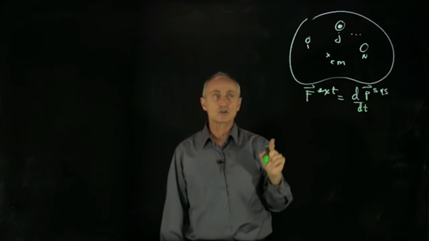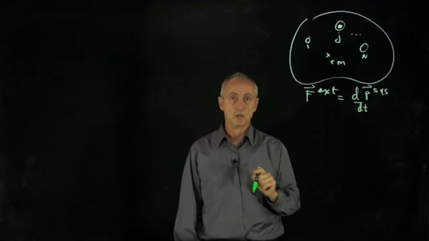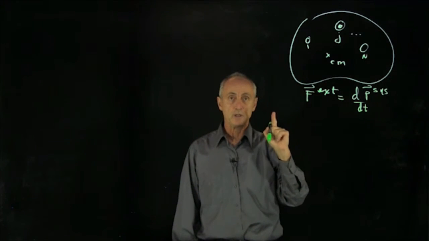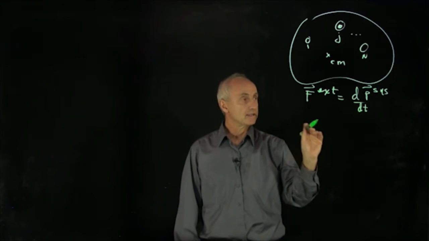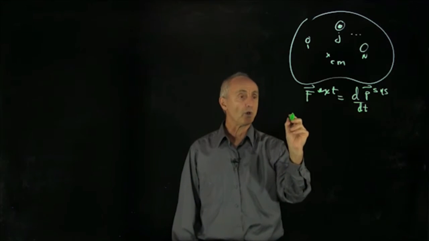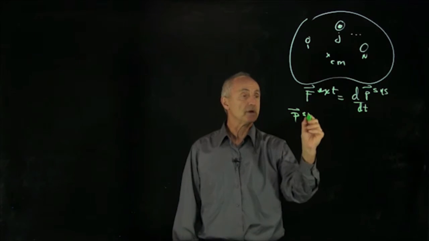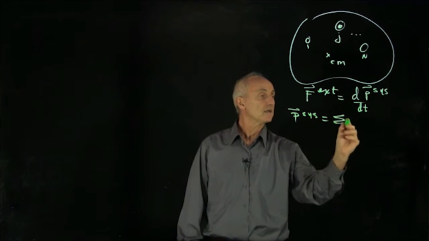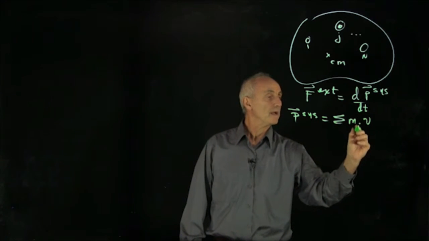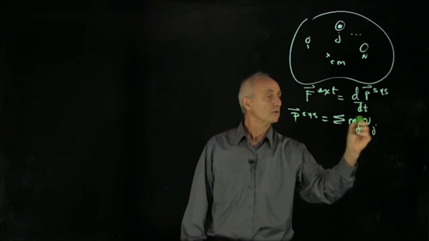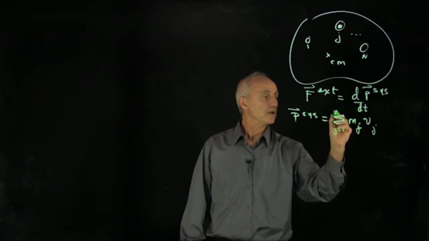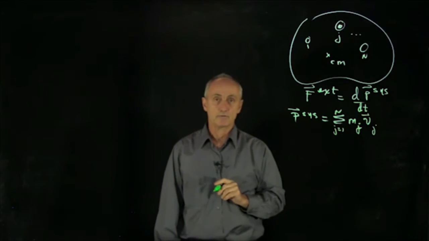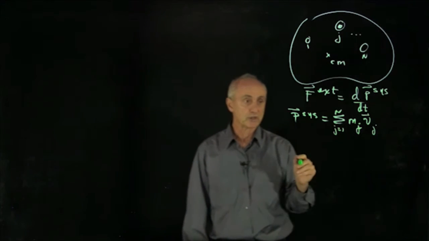And what we'd now like to show is that we can reduce this system to an effective single particle. The way we'll do that is recall that the momentum of the system is given by the sum of the individual momentums. We'll call that the jth particle, where we're summing j from 1 to n, and that's the sum of the momentums of the various particles.